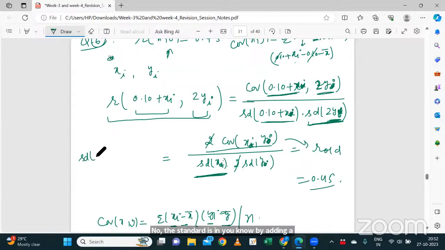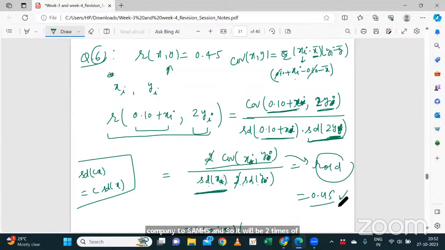The standard deviation with a multiplying constant is c times the standard deviation, so it will be 2 times the standard deviation of y. The 2 gets cancelled out from numerator and denominator. We get the covariance of x comma y over the standard deviation of x and the standard deviation of y, which is r old, nothing but 0.4.